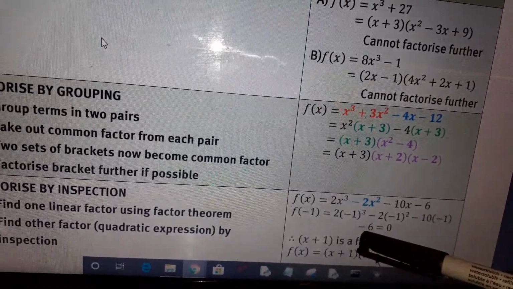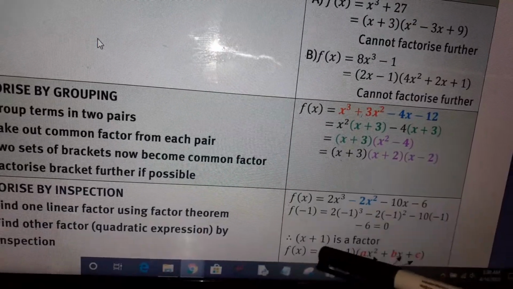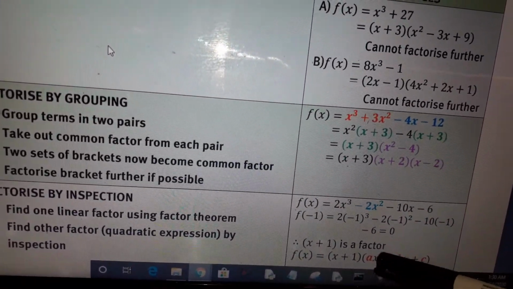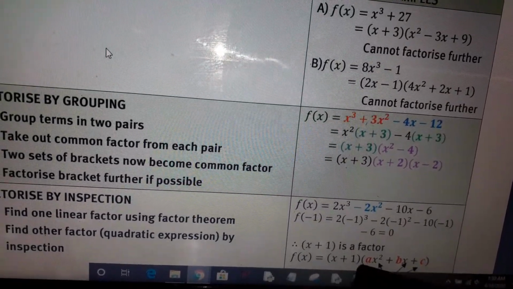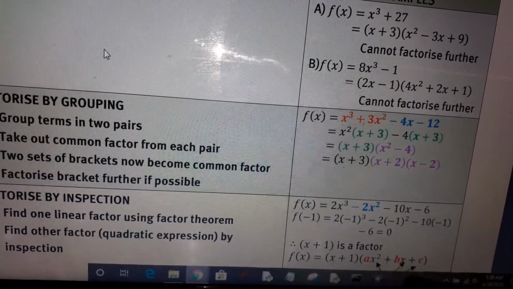Then that's when we can conclude that x value gives a factor. Then we multiply that factor by this quadratic expression with the three unknown coefficients a, b, and c.